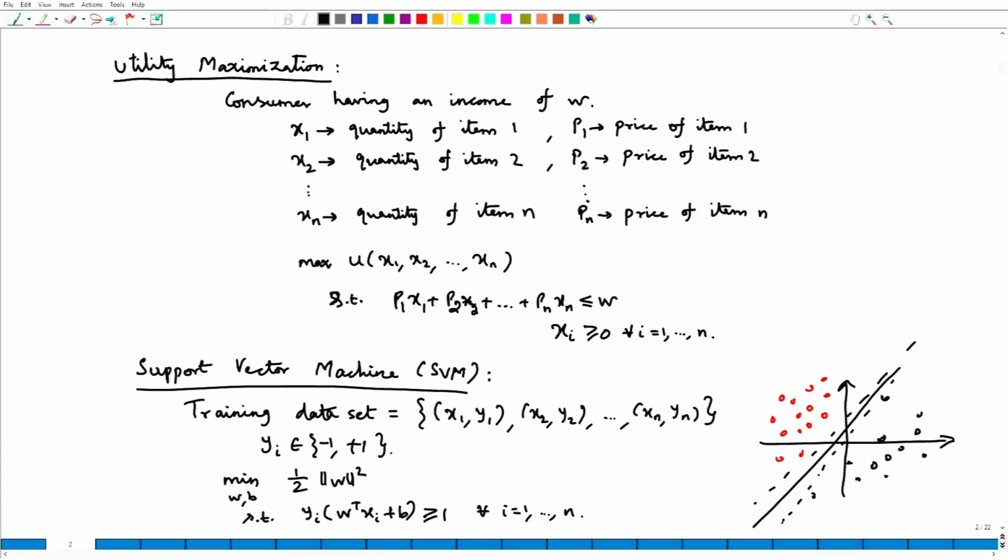So, such a best separator is actually found using support vector machines by solving this optimization problem whatever we have written here. So, b is a scalar and w is a vector of size equal to the size of the vector xi.